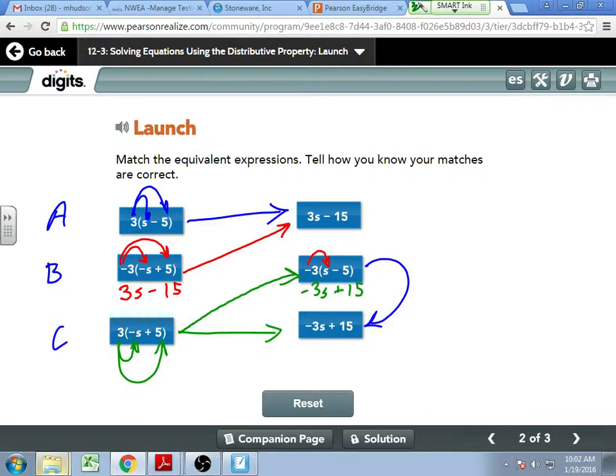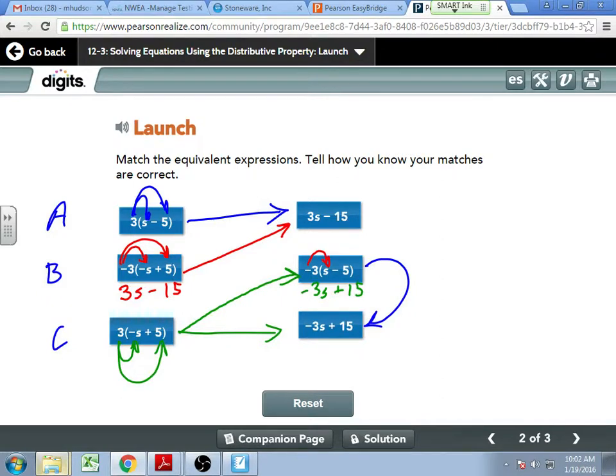This is really to reiterate how tricky distribution can be, because it can be written in multiple different ways. A and B here are essentially the same thing. They're just written with different signs in different locations.